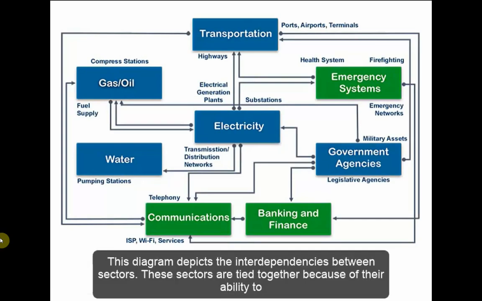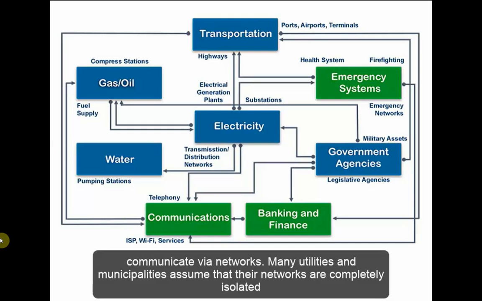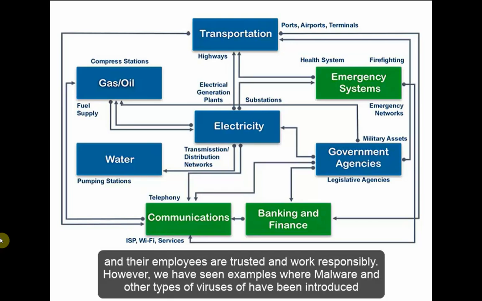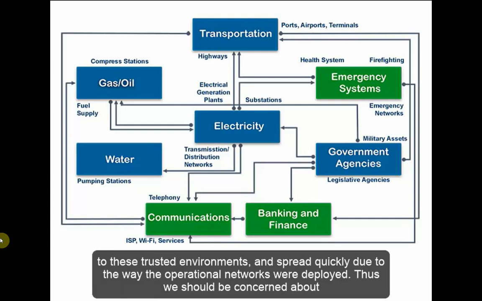This diagram depicts the interdependencies between sectors. These sectors are tied together because of their ability to communicate via networks. Many utilities and municipalities assume that their networks are completely isolated and their employees are trusted and work responsibly. However, we have seen examples where malware and other types of viruses have been introduced to these trusted environments and spread quickly due to the way the operational networks were deployed.